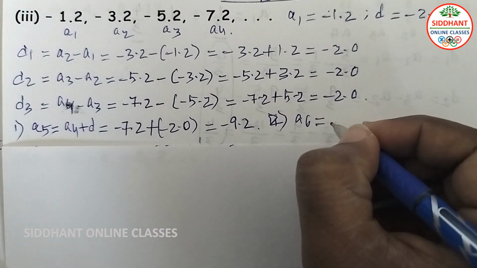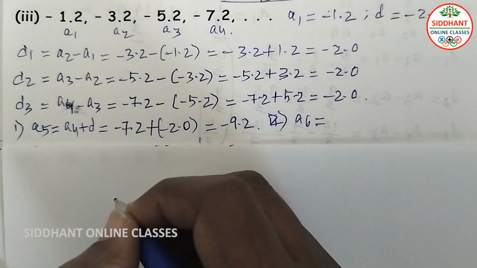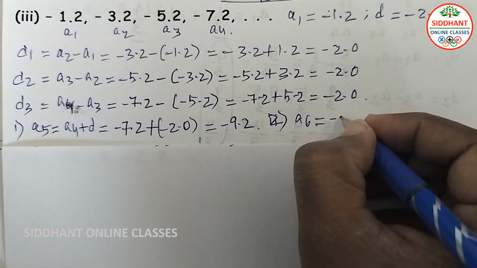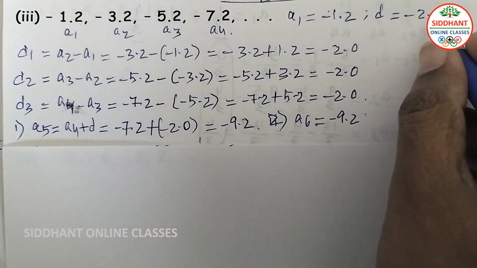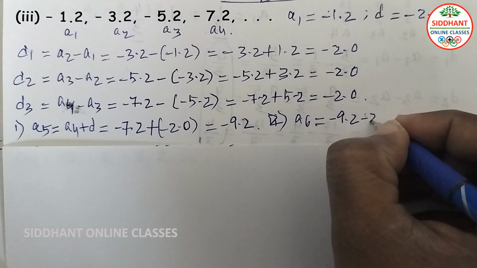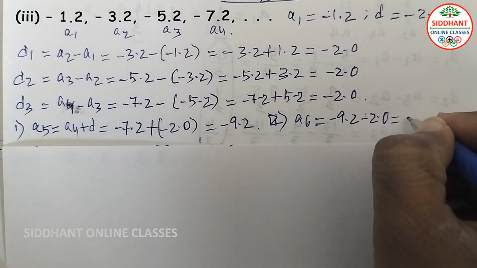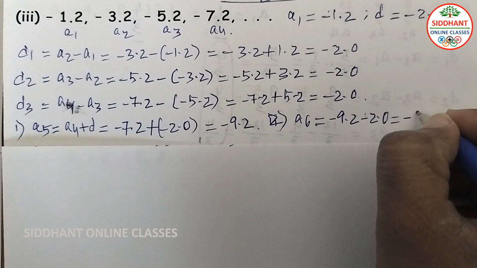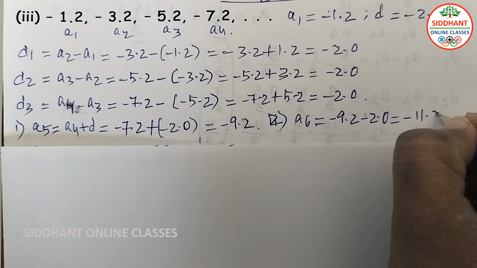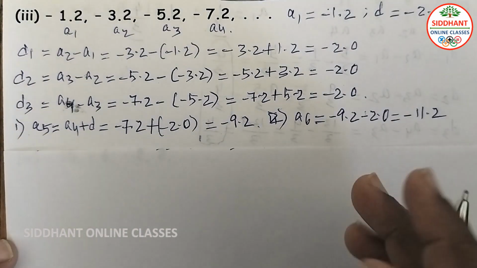A6 is equal to A5 plus D. That means minus 9.2 plus minus 2, so that is equal to minus 11.2.